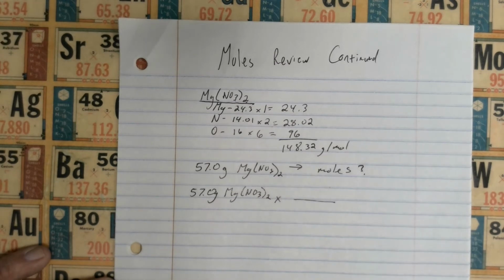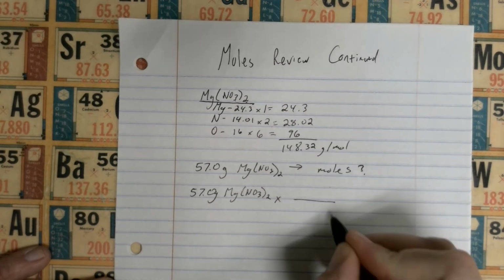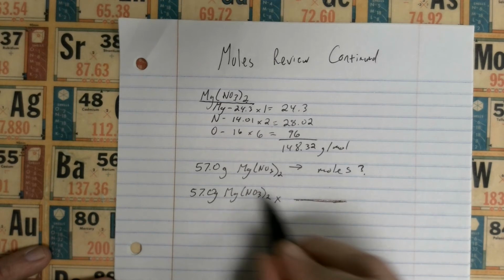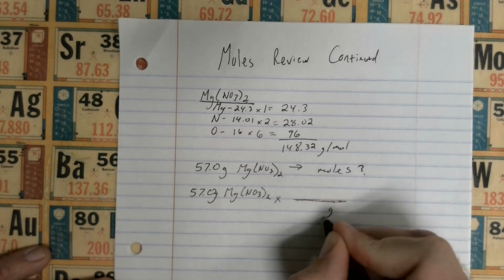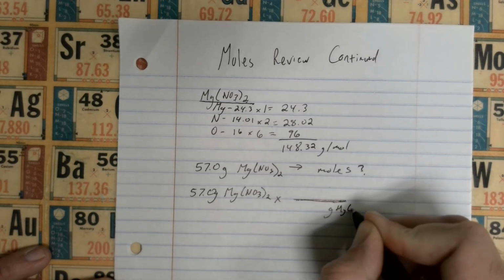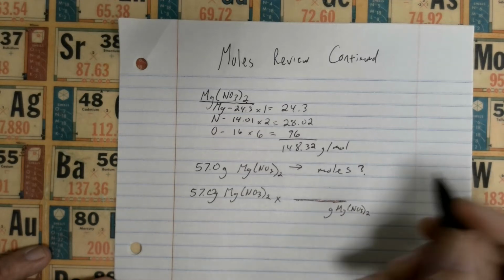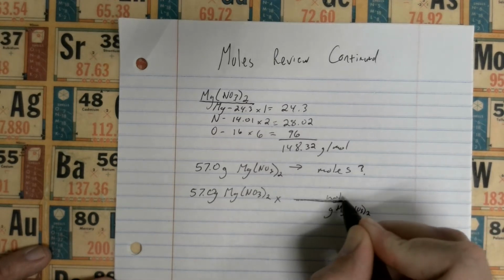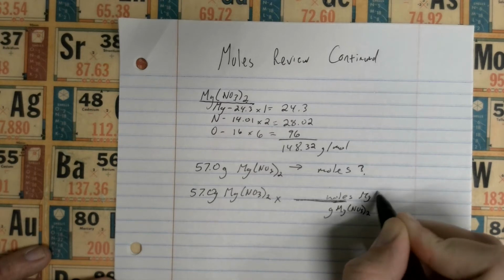This is a one-step problem, and remember, in your conversion factor, diagonally down goes the same unit. So this is going to be grams magnesium nitrate, and then I'm trying to get to moles, so moles magnesium nitrate.